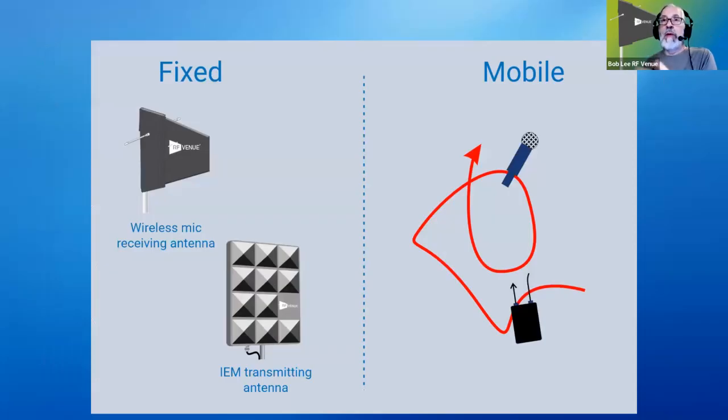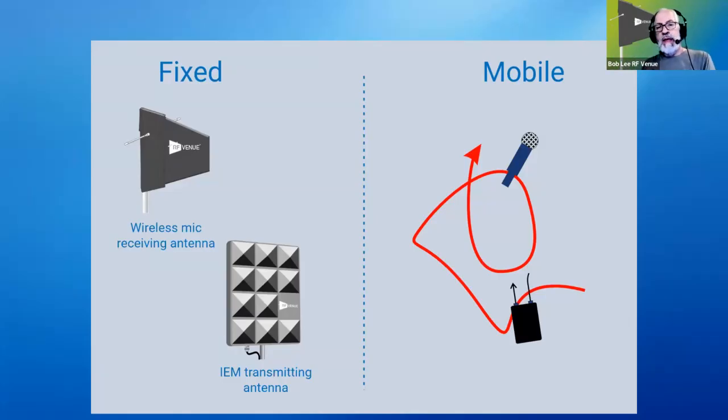So remember I mentioned mobility. Wireless mics and in-ear monitors operate on similar concepts. The main difference is that with wireless mics, the mic and transmitter are mobile, they can move around, and the receiving system is fixed or stationary. With in-ear monitors, it's the other way around.